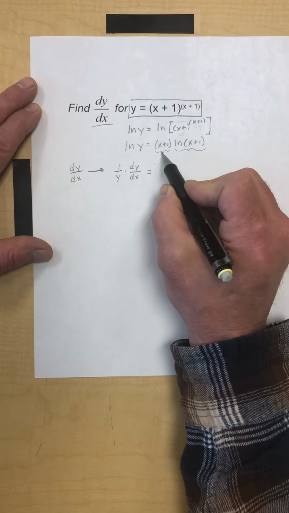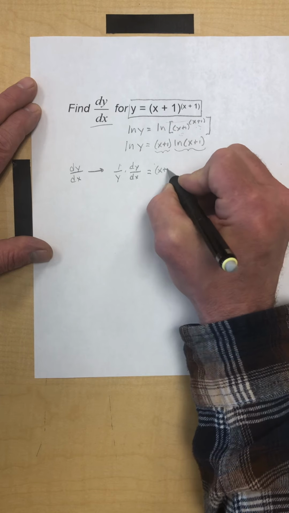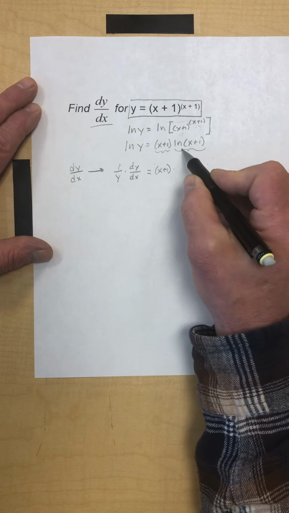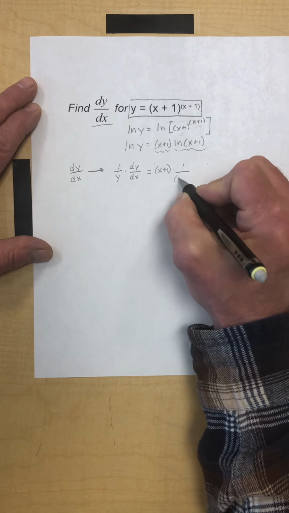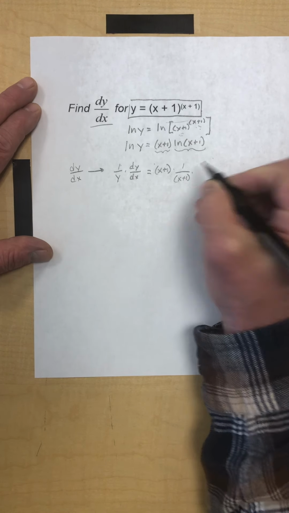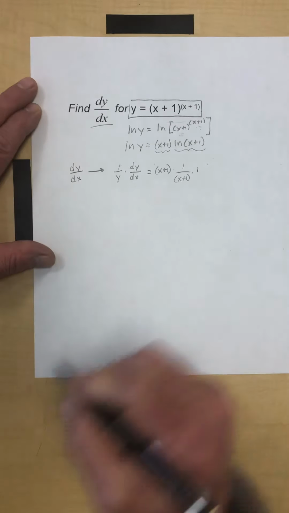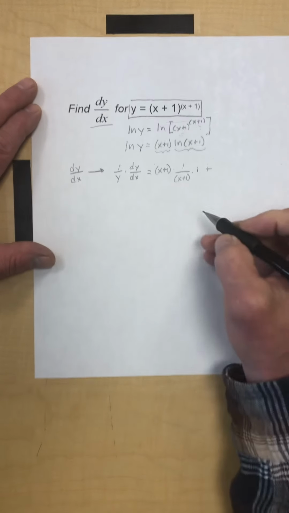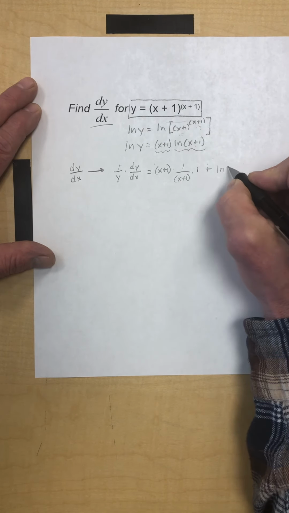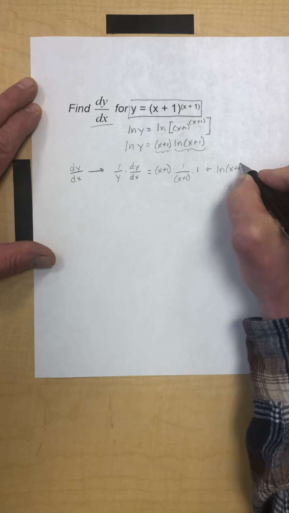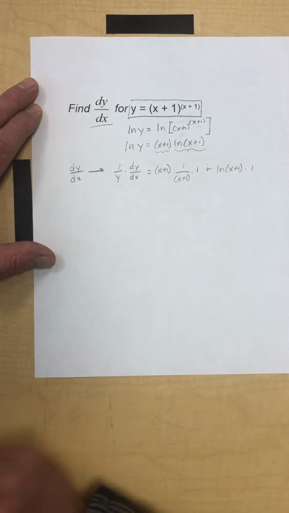So we go the first times the derivative of the second. So we would have x plus 1 times the derivative of the natural log of x plus 1 would be 1 over x plus 1 times the derivative of x plus 1, which is just 1. Okay, plus, let's see, the second times the derivative of the first. So it'd be natural log of x plus 1 times the derivative of x plus 1, which is just 1.